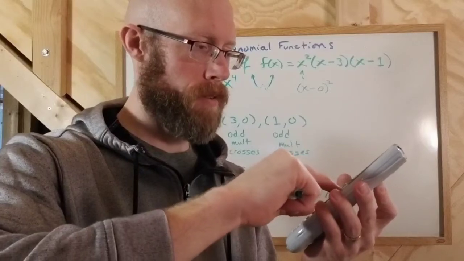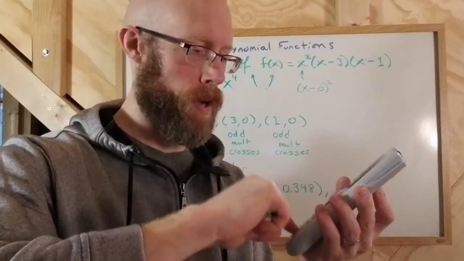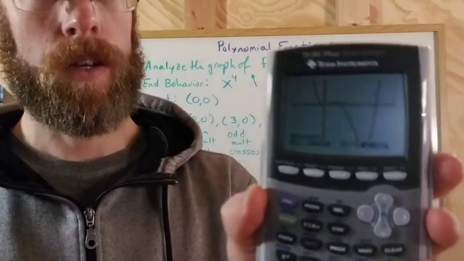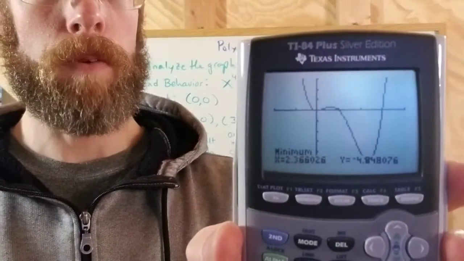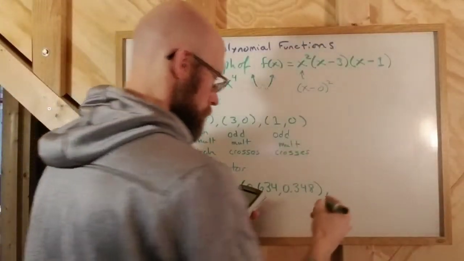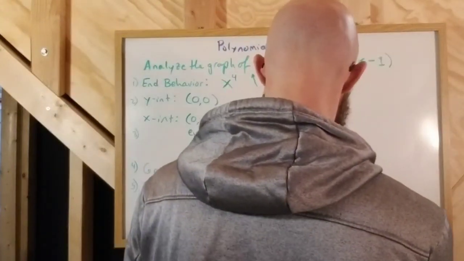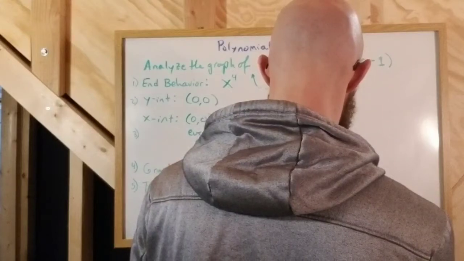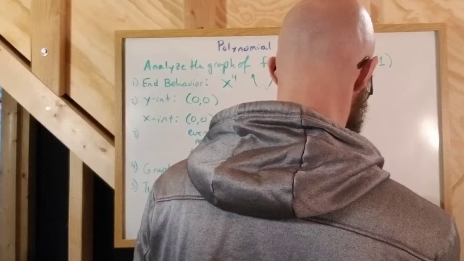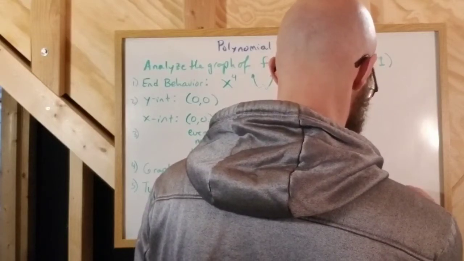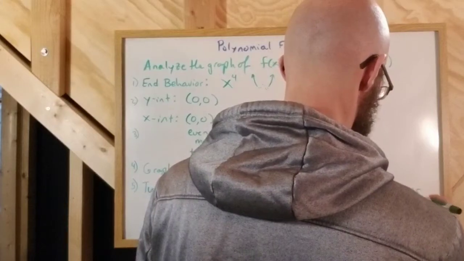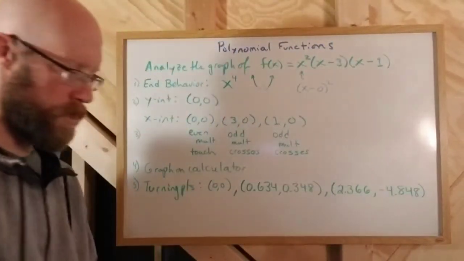Select the left bound, select the right bound, give it a guess, and there's my minimum. Okay, so the minimum, again, I'll do 3 digits after the decimal. It'll be 2.366, comma, negative 4.848.